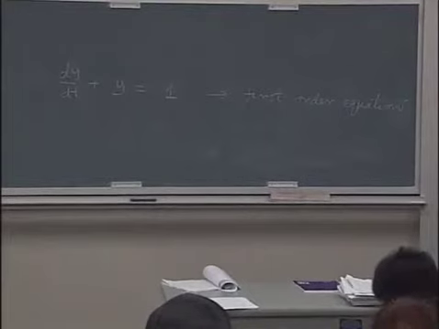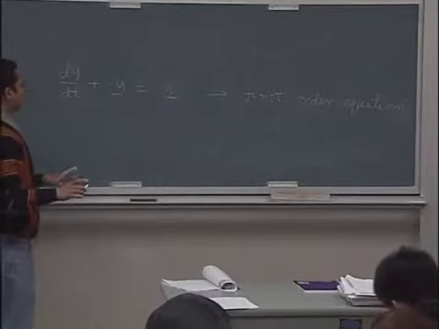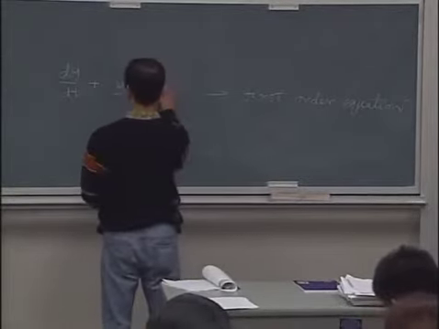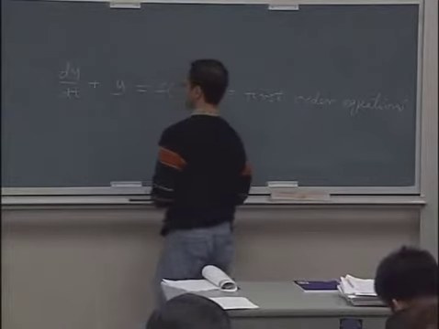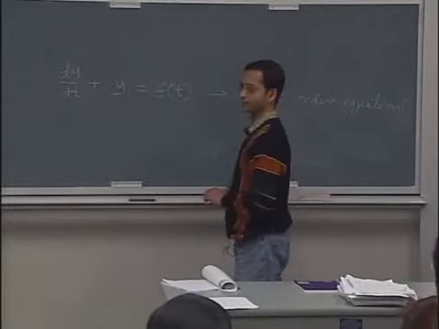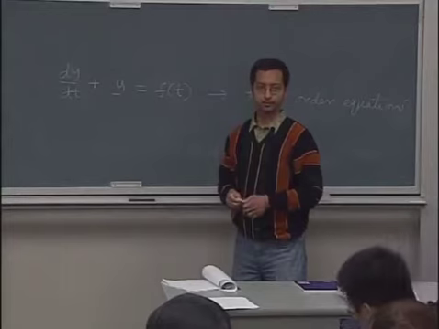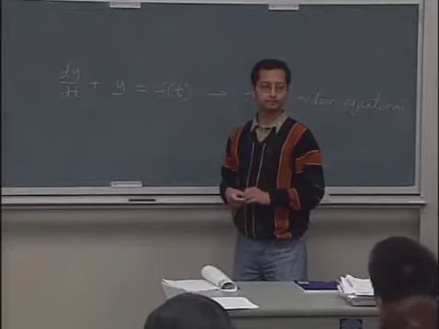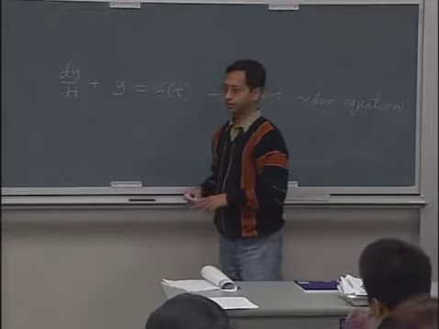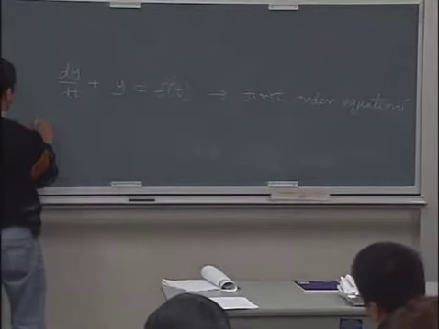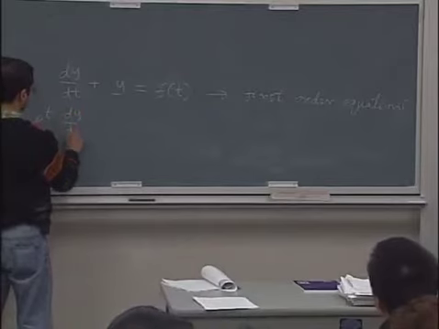Subtract y to the other side. That's very good. That will solve this equation. But suppose I give you a general function of time on the right side. Then, have you heard of the integrating factor? Yes? So what do you do? You multiply both sides with the exponential of time.